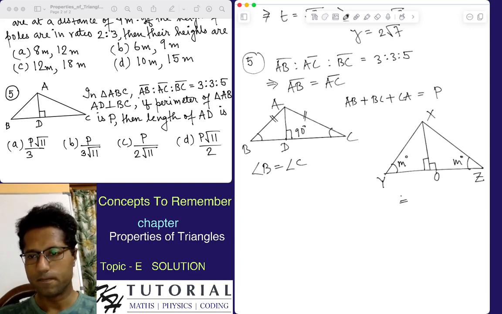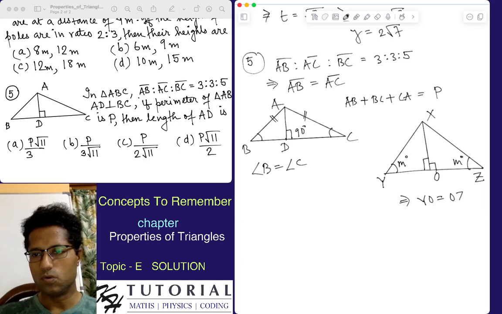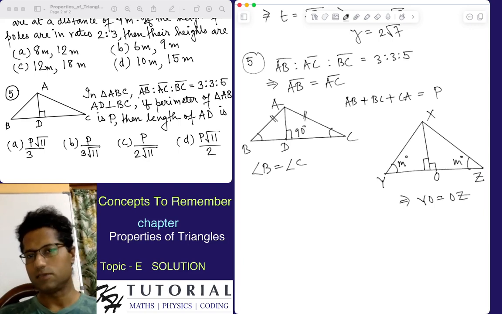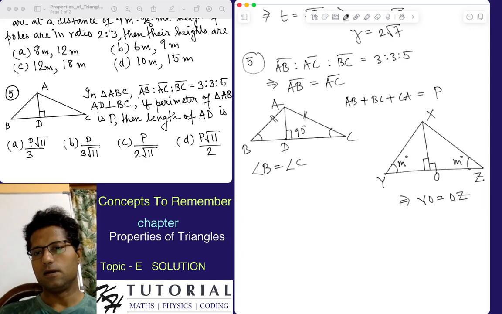This will imply that YO will be equal to OZ. So if XYZ is an isosceles triangle and angle Y is equal to angle Z, and if you draw a perpendicular from the vertex X on the side YZ, then that perpendicular XO will bisect the side YZ.